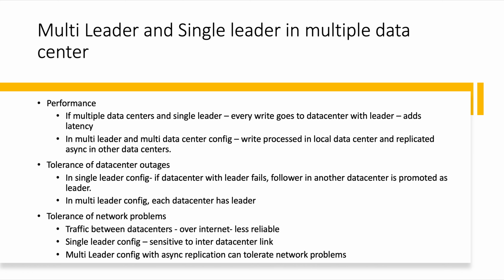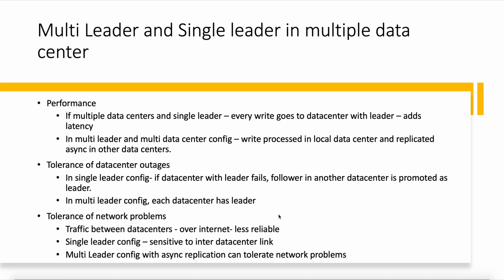Now let's understand how multi-leader and single leader behave in multiple data centers and what the differences and advantages are. Let's first compare the performance. In a single leader configuration, every write goes to the data center which has the leader, and this adds significant latency, and this might also defeat the purpose of having multiple data centers in the first place.